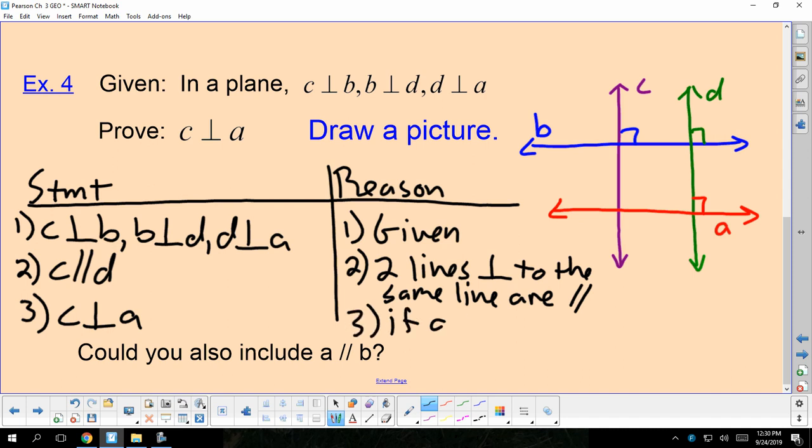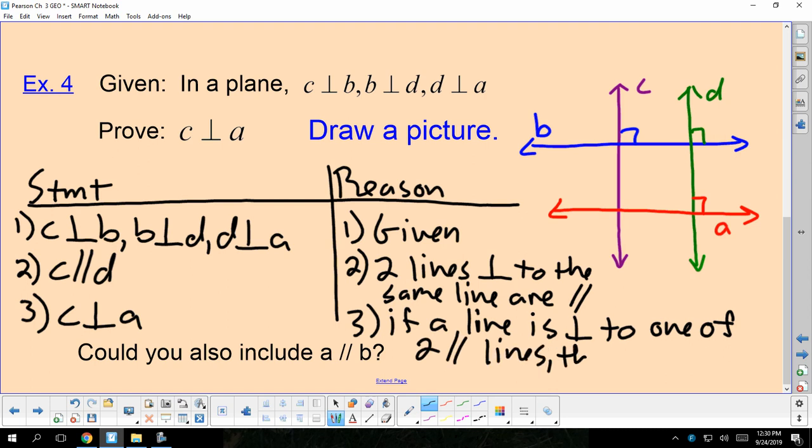If a line is perpendicular to one of two parallel lines, then it is perpendicular to the other. So in this case, right, we have C is parallel to D, and D is perpendicular to A, so C has to be perpendicular to A as well.